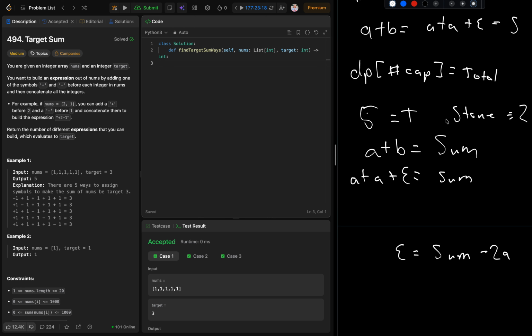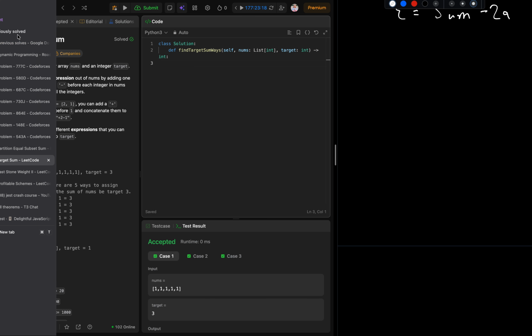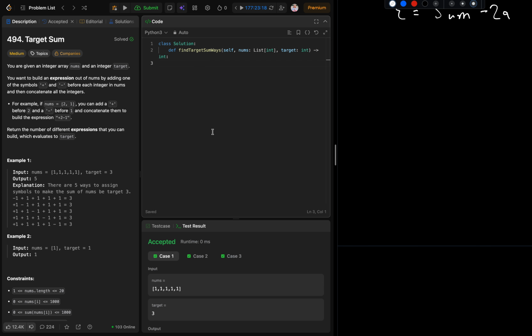Target sum. Okay. I think I did solve this one by myself, but I did it top down using memoization because the logic is very clear. You just go through the whole list and you brute force it.